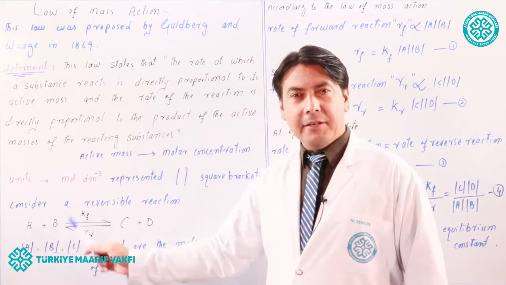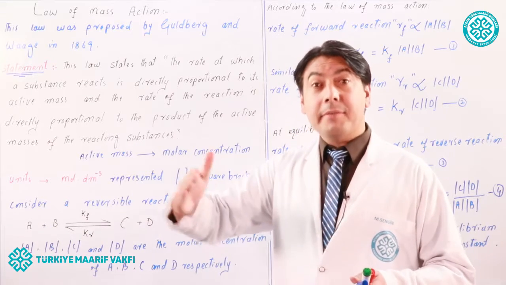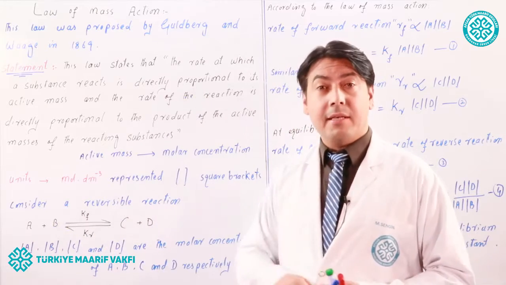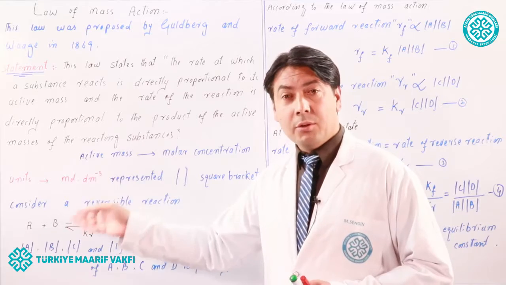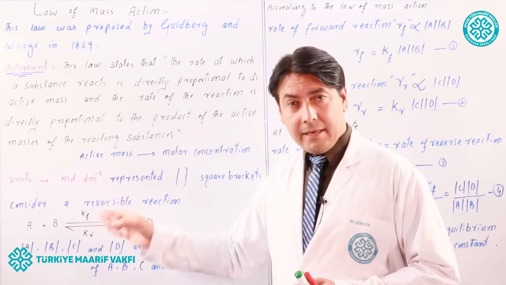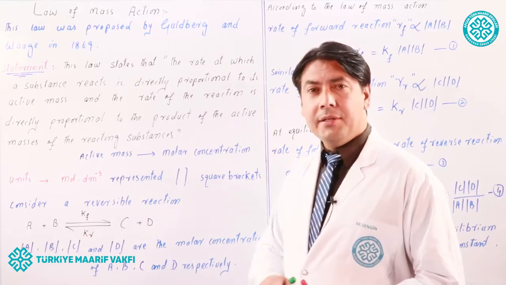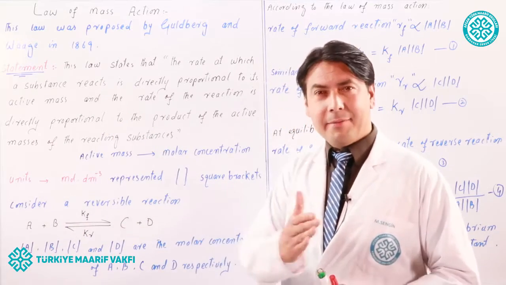When A and B react, this is the forward reaction. The rate of the forward reaction is directly proportional to the product of the active masses of the reactants A and B. And when C and D react, they produce A and B. So this is the reverse reaction.